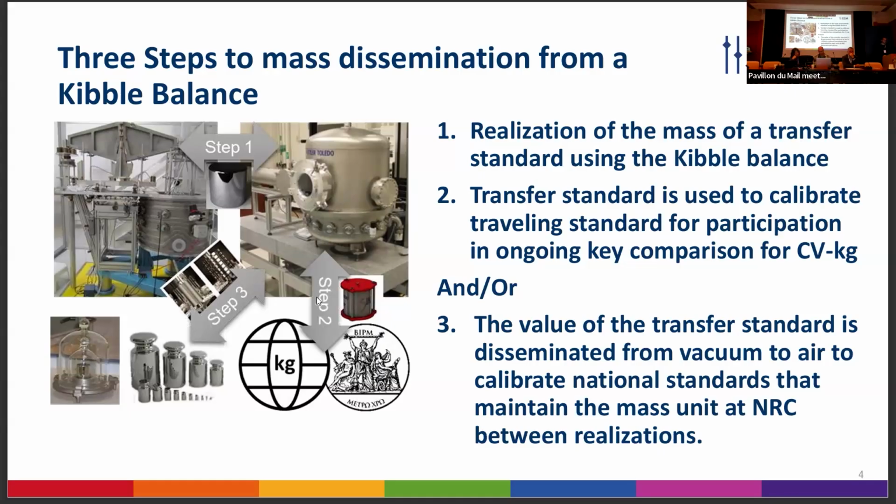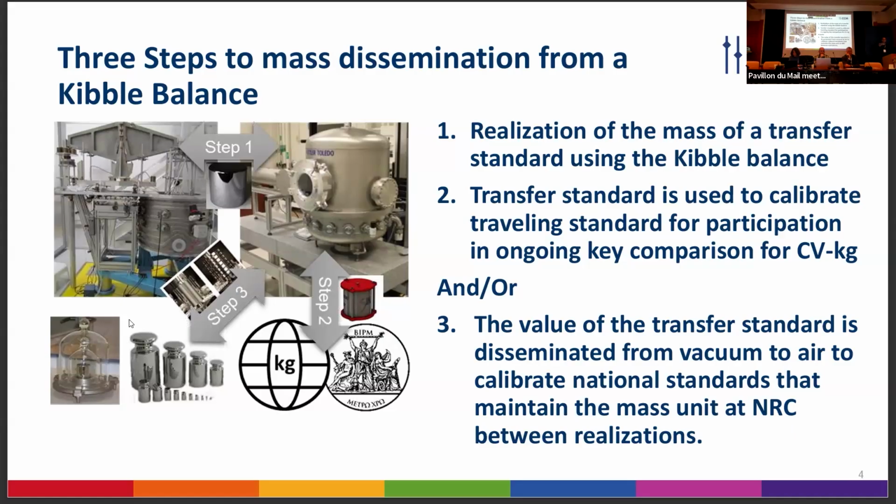And then step 2 is we typically will transfer that value off to participate in the key comparison of realizations, which is what currently is used to provide the consensus value of the kilogram. That value will come back from the BIPM at the end of step 2, and then we can use the same value to disseminate out to stainless steel in air.